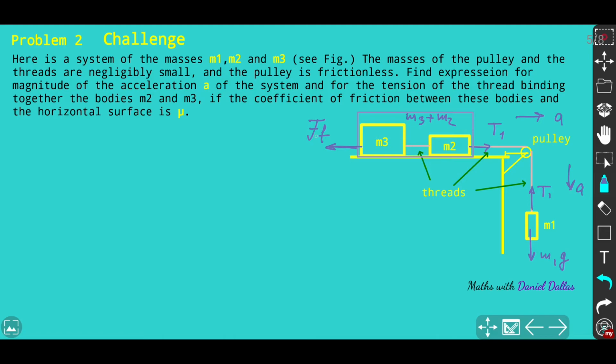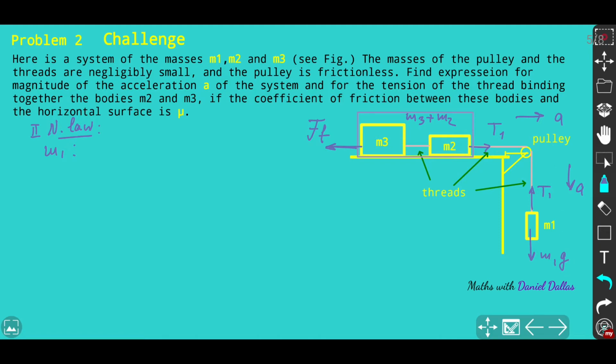So let's have a look. Now we're going to set up the second Newton's law equation, and let's write it for object M1, due to the fact that they obviously can be considered as connected particles. As you remember from the previous case, we discussed that there are two different types of straight lines, one horizontal and one vertical.